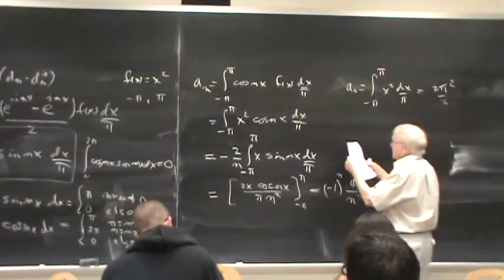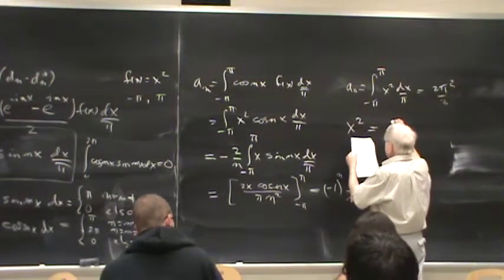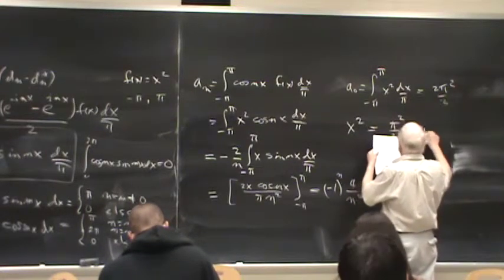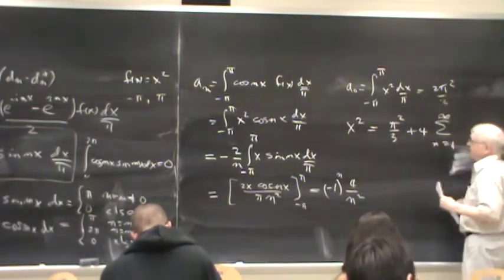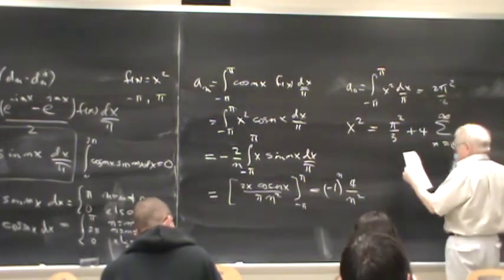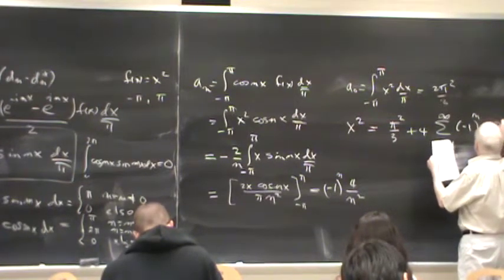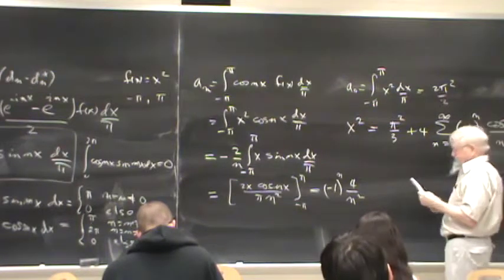So altogether, what we have is that x squared is the series pi squared over 3 plus 4 times the sum from n equals 1 to infinity of minus 1 to the n, cosine nx over n squared.